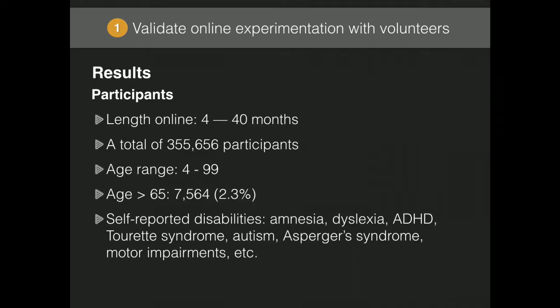People self-reported different disabilities such as amnesia, ADHD, autism, and so on. And it's either in the demographic questionnaire if we explicitly ask the questions, or they voluntarily mention them in the comments at the end of the study.